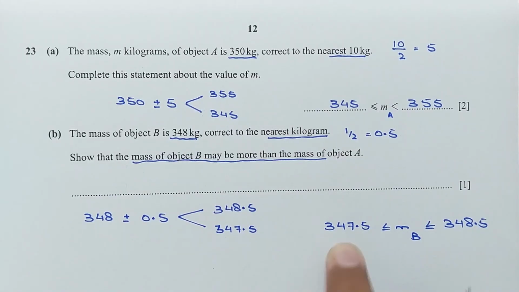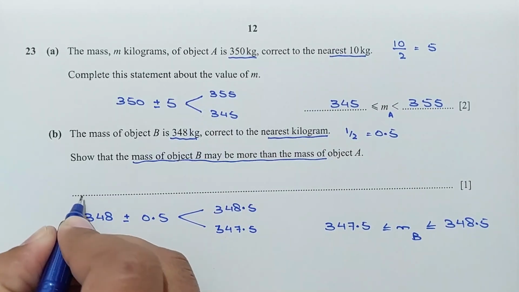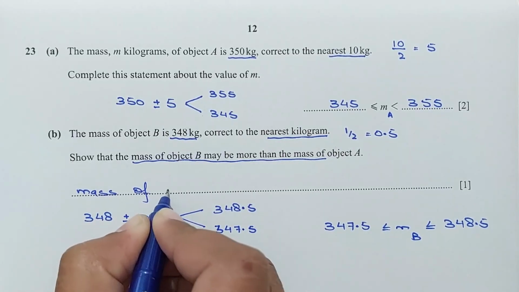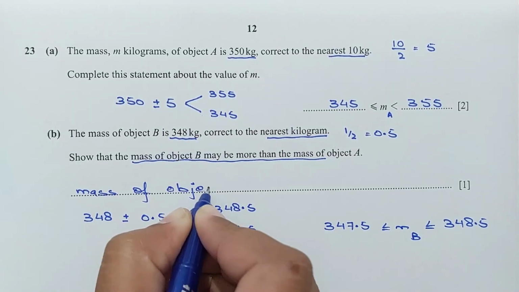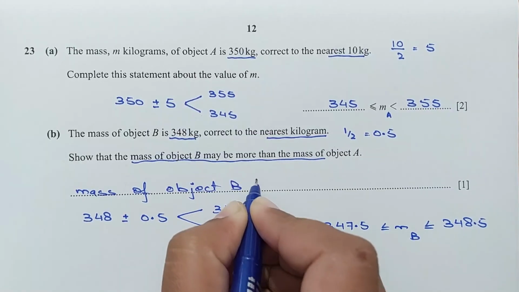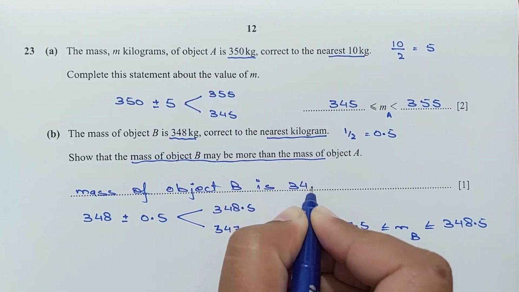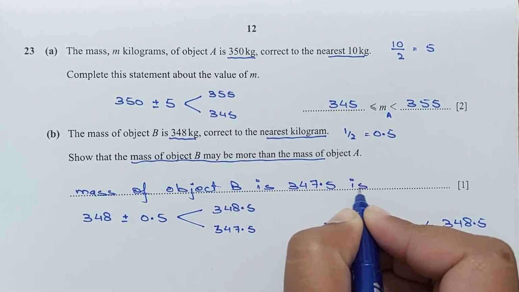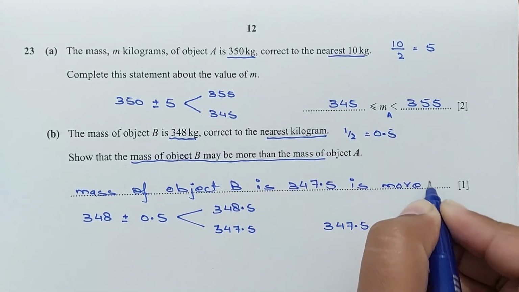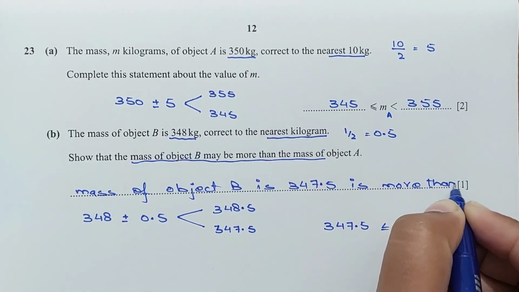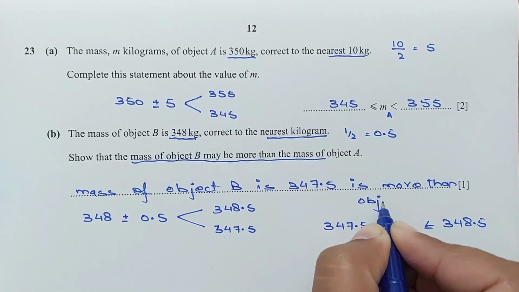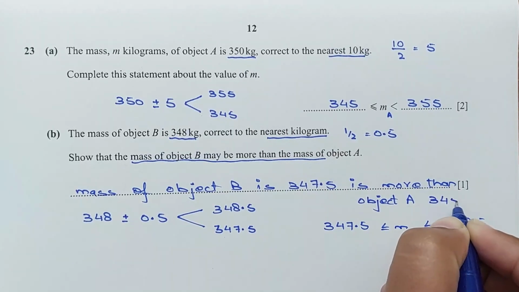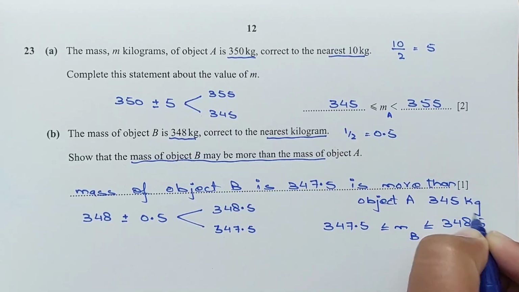So we can say that the mass of object B, 347.5, is more than object A, that is 345 kilograms. It is more, right?